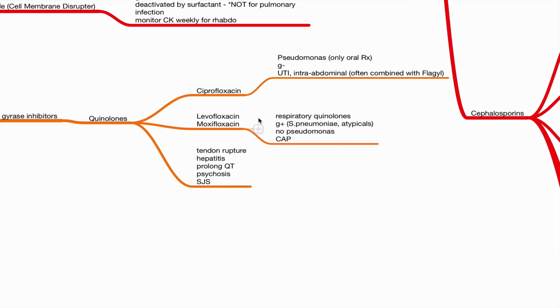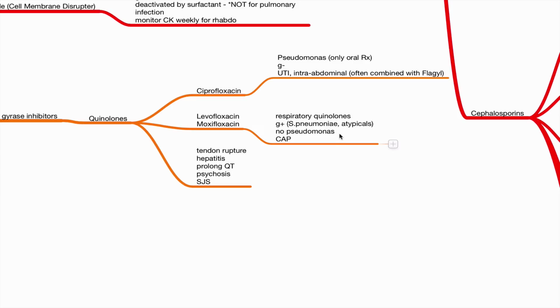Next, we have the respiratory fluoroquinolones. So levofloxacin and moxifloxacin are included here. They're different from Cipro in that they have some gram-positive coverage, including strep pneumo as well as the atypicals as well.